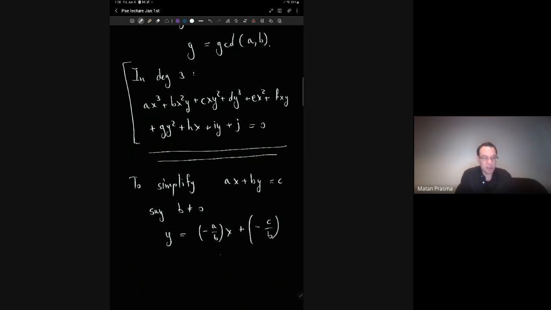And this is the familiar form of a line. You call this m and this b prime, and you get y equals mx plus b prime.